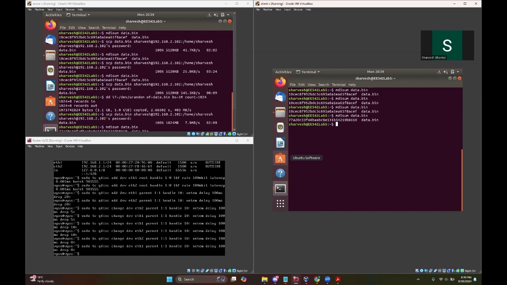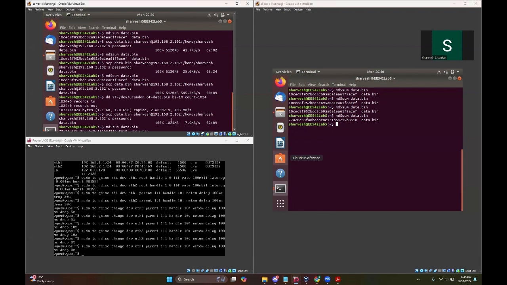In this part, we have varied the drop rate from 5% to 10%. Sorry, we haven't varied the delay, we have varied the drop rate. Here, we have set the drop rate to 0, and we transferred a 1 GB file with a 200 ms latency.